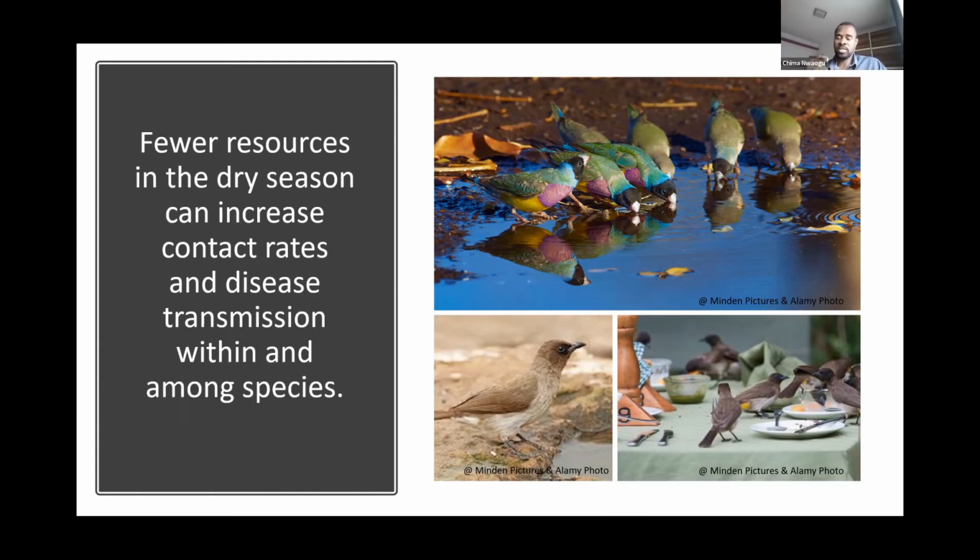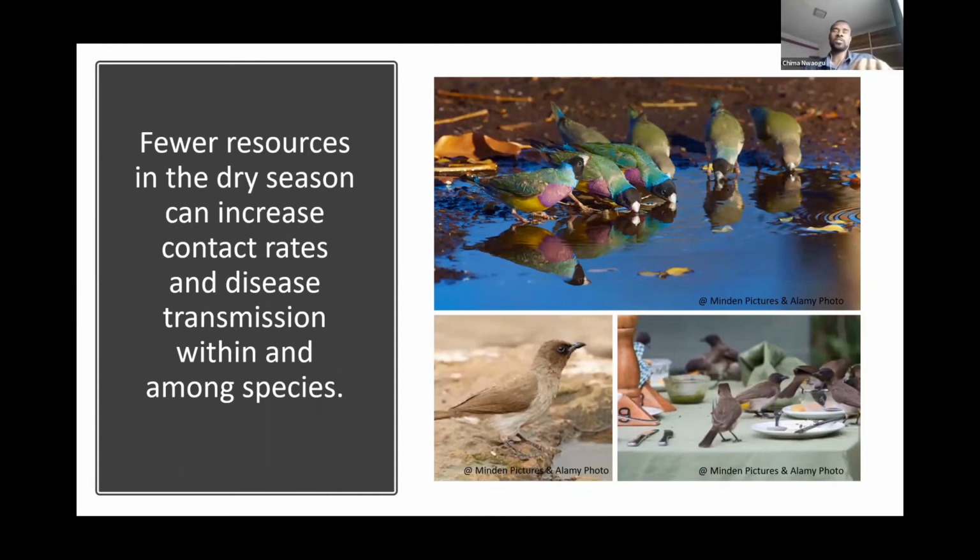And so there might be higher risk of depositing pathogens in the water bodies that don't flow. And different species come together, and that might lead to transmission. And so it might not be the abundance of pathogen in the environment, but the risk of transmission between individuals.